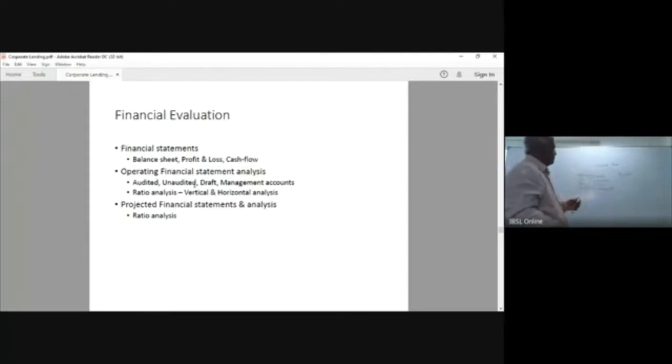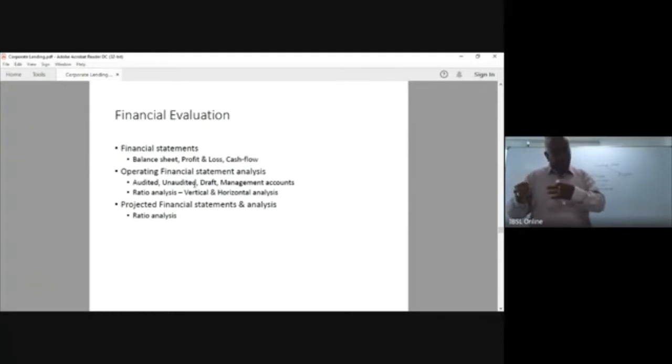Earlier, in your financial statement module, you would have learned all these things. I remember I also mentioned audited, unaudited, draft, and management. For audited, the company accountant prepares the financial statements and submits them to the auditors, chartered auditors.